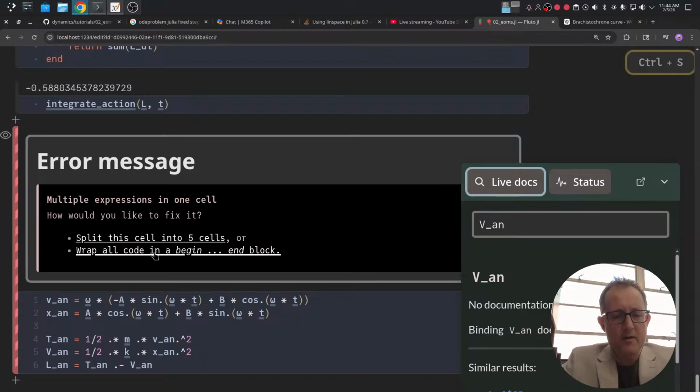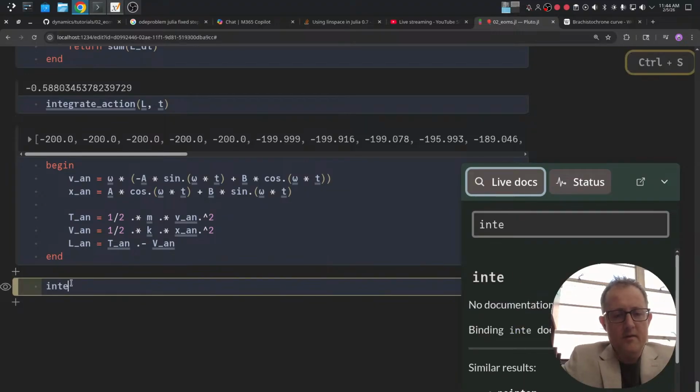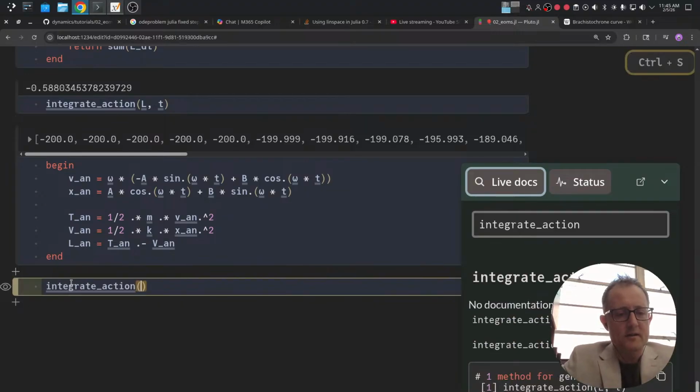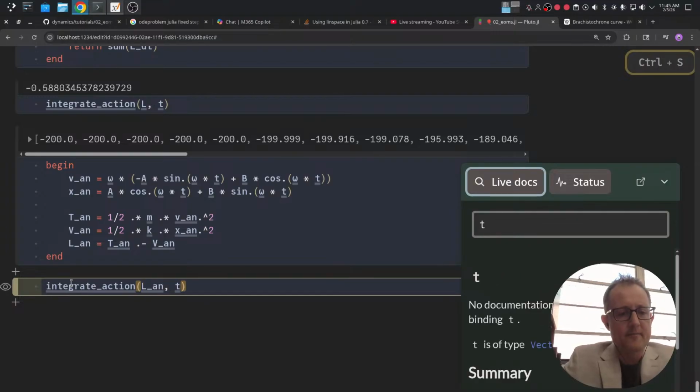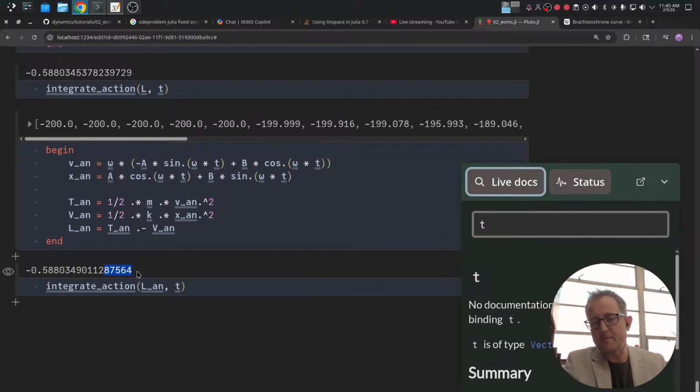Oh, wrap it all in begin and end. And now integrate action of L analytical and T. Negative 0.58803, and then we get a little bit of difference over here. Part of that is probably some numerical error that's stacking up.